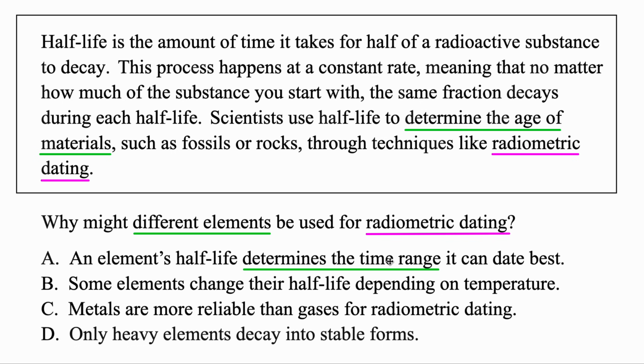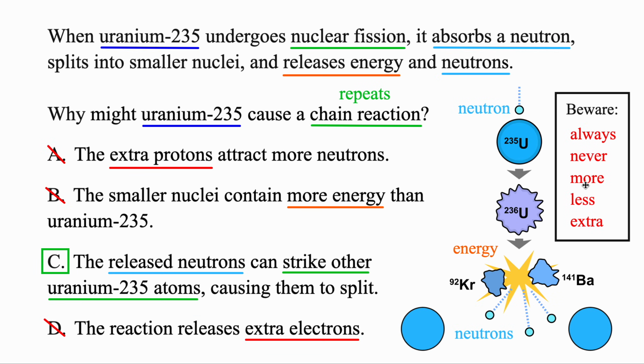Let's see if we can eliminate any other options. B, some elements change their half-life depending on temperature. They don't say anything about temperature though, so it's probably not that one. The third one, metals are more reliable than gases for radiometric dating. But remember, when you see a word like more, that's probably an incorrect option here.